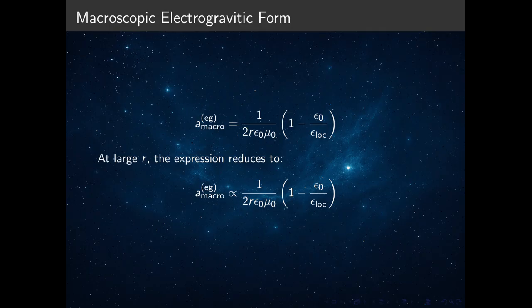Macroscopic electrogravitic acceleration. A macro EG equals 1/2r epsilon naught mu naught times 1 minus epsilon naught over epsilon local. Using the same vacuum parameters, the macroscopic electrogravitic acceleration becomes A macro EG approximately equals 1 minus epsilon naught over epsilon local divided by 2r epsilon naught mu naught.